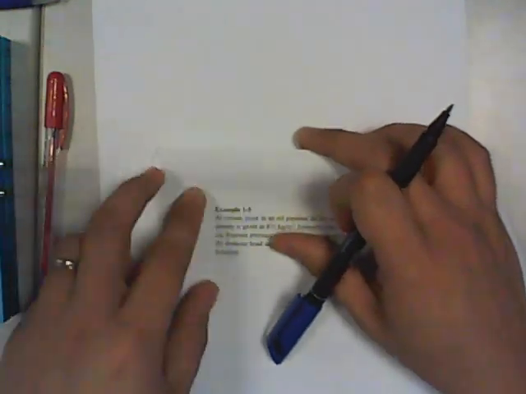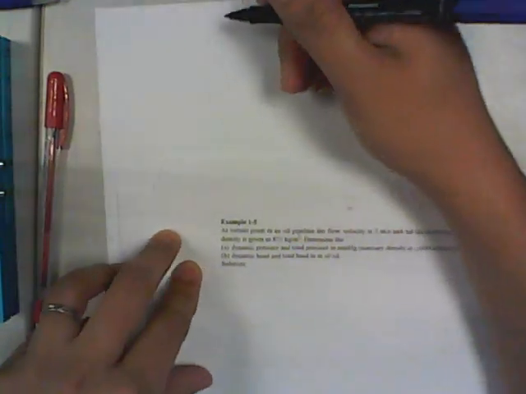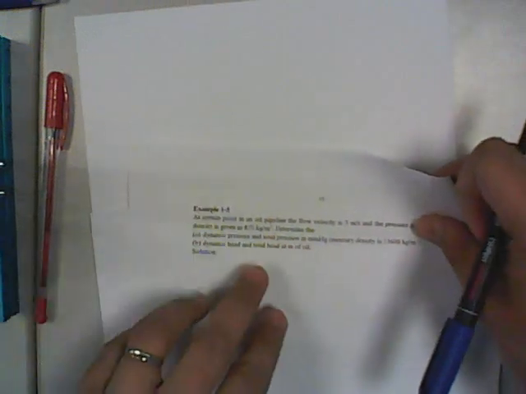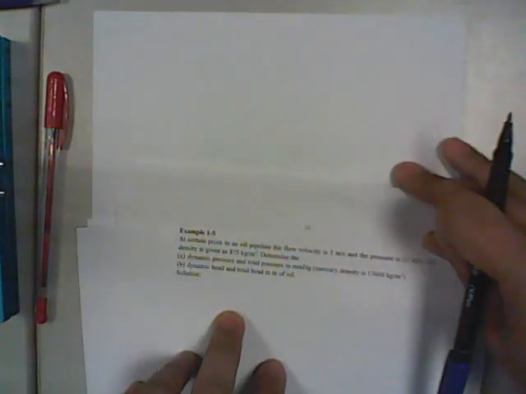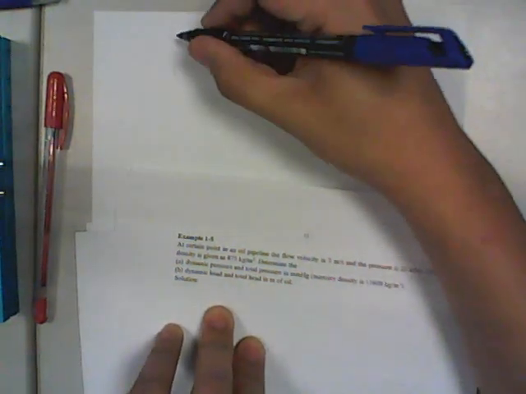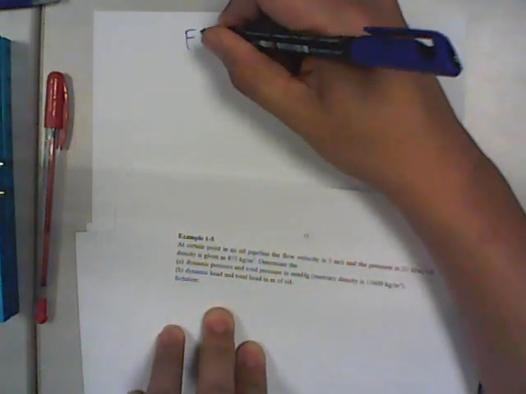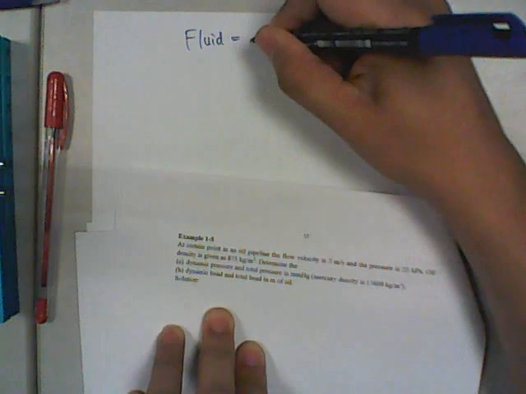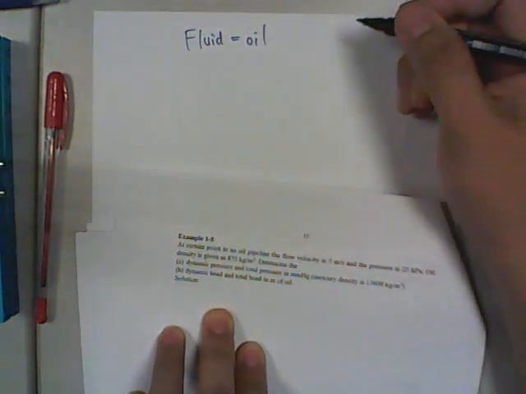Let's talk about example 1-5. So 1-5 is actually similar to 1-4. It's also oil, velocity is also 3, and the static pressure is 25 kilopascals. So the fluid is oil.